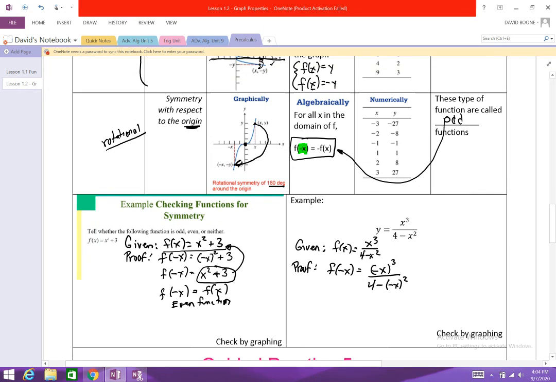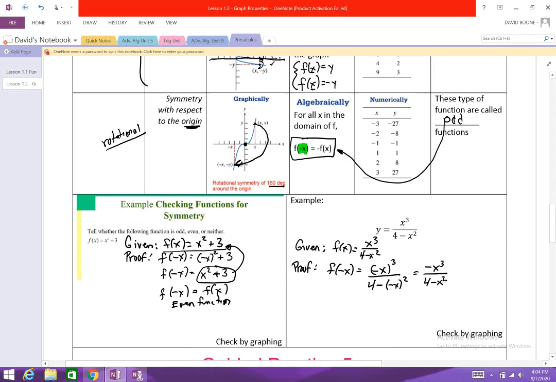I clean this up a little bit. This piece here would still be negative x to the third. On the bottom, this negative x squared becomes positive, so this would be 4 minus a positive x squared.